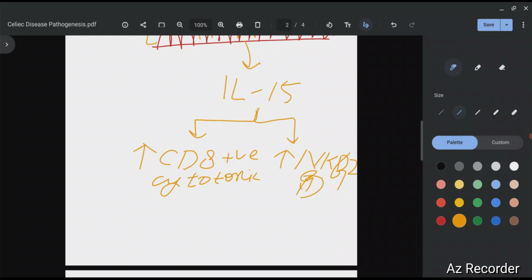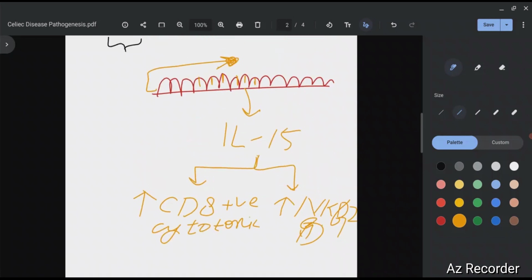Let's repeat again. Gluten is converted into gliadin. This gliadin is not digested further. Instead, it applies stress on the enterocytes. Enterocytes undergoing stress will start secreting interleukin 15, and interleukin 15 will stimulate the proliferation of cytotoxic T cells, and these cytotoxic T cells will also express a marker, NKG2D.